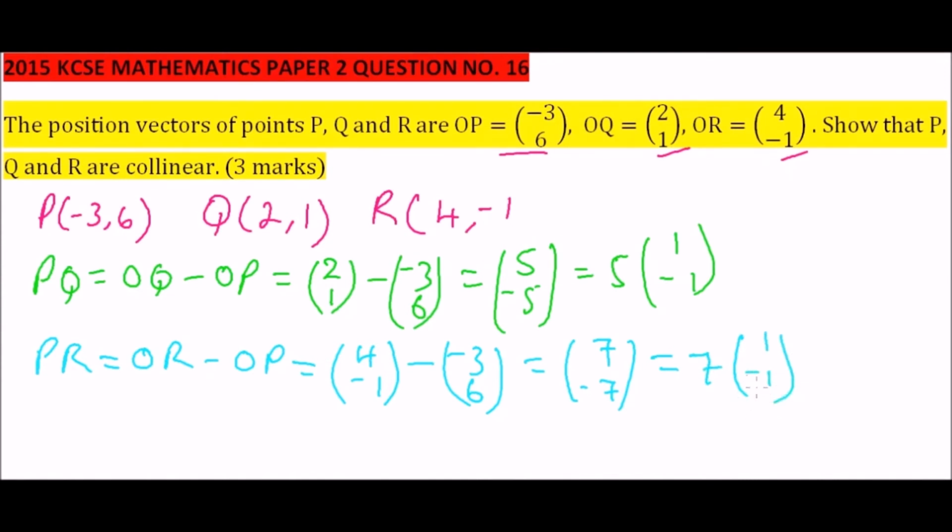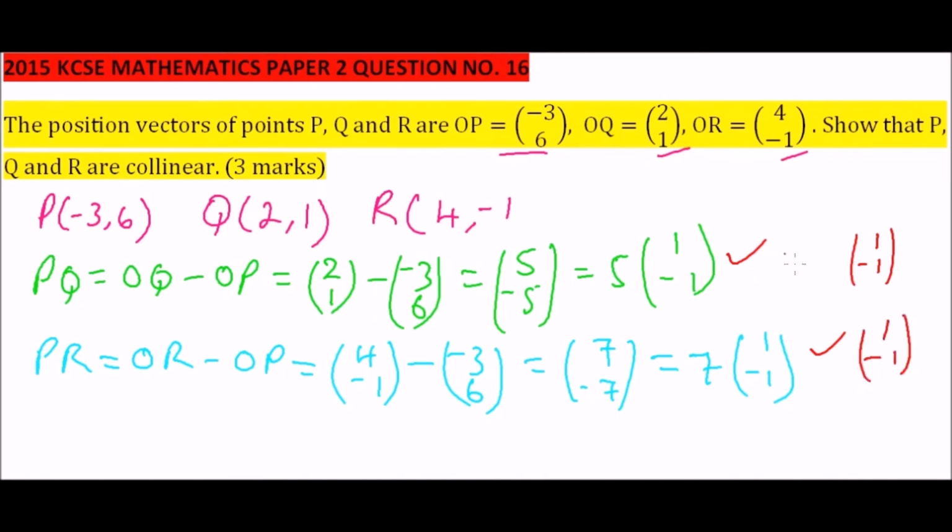You can see these two vectors, this one and this one. If we divide this vector by 5, you end up with 1 and minus 1. You divide this by 7, you'll be left with 1 and minus 1.